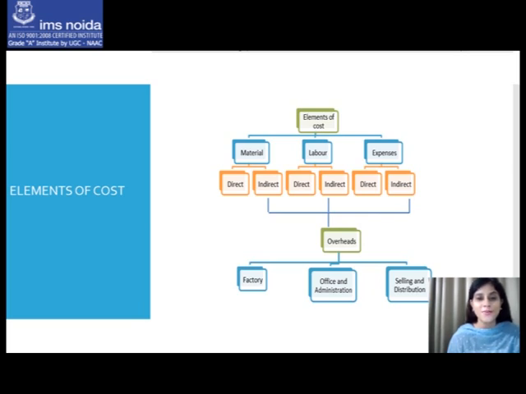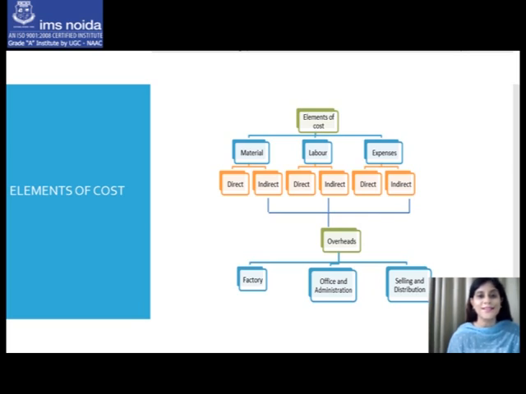These are stores used in maintenance of machinery and buildings, like lubricants, if you are using lubricants for the repair of machinery, or cotton waste, bricks and cement. The second category of indirect material is stores used by the service departments, that is, non-productive departments like powerhouse, boiler house and canteen, etc.